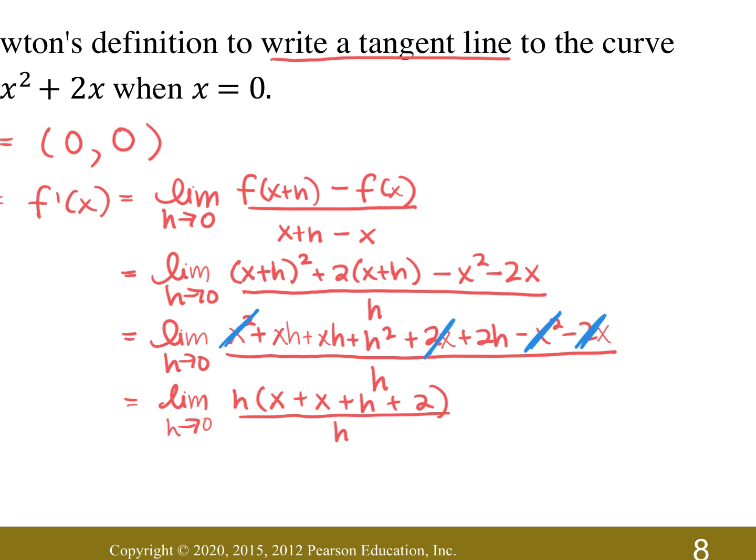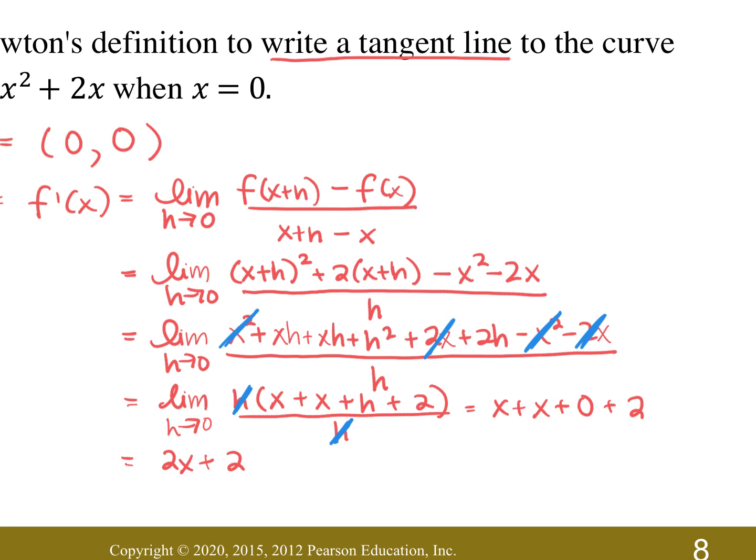Now that you've factored out the h in the numerator, you can reduce, and then you can plug in 0 for h, which is what h is approaching. So then I will have x plus 0 plus 2, which works out to be 2x plus 2. In a proof, yes. Don't worry, we'll get to the shortcut way.